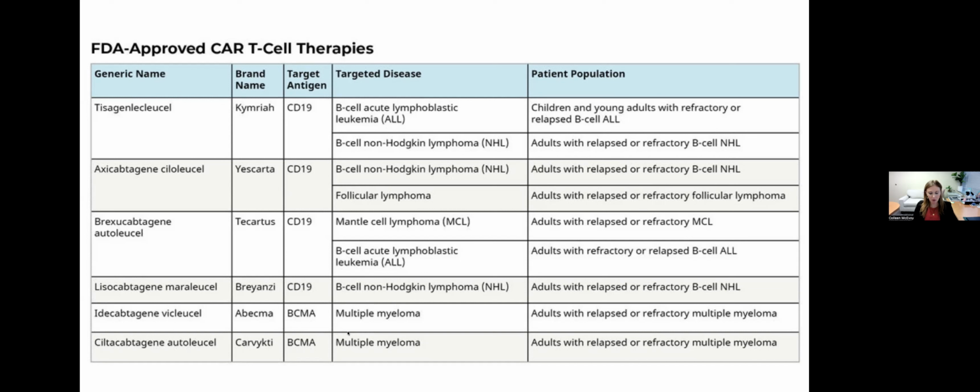What is also important to note is that over the last couple of years, there have been 2 new products approved for multiple myeloma. Multiple myeloma is one of the more common forms of malignancy. And so we will start to see a number of patients receiving these CAR Ts coming into all ICUs across the country with toxicities related to CAR Ts.